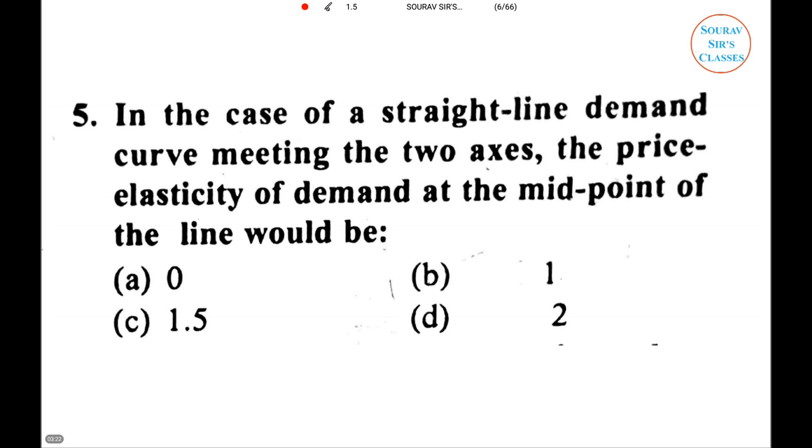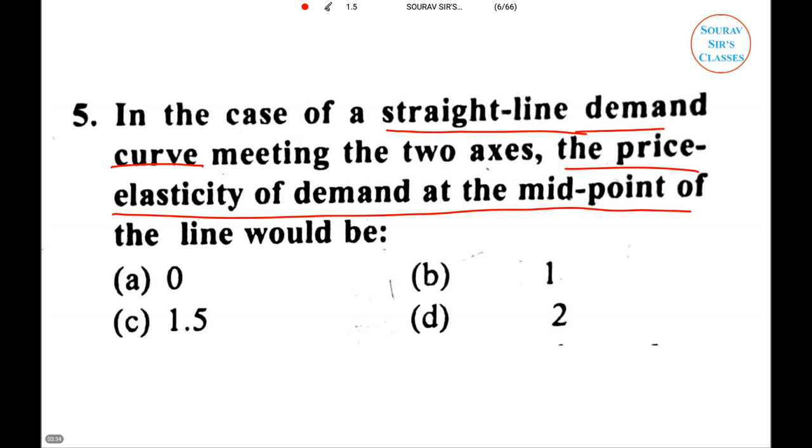Now, in the case of a straight line demand curve meeting the two axes, the price elasticity of demand at the midpoint of the line will be B. Why?